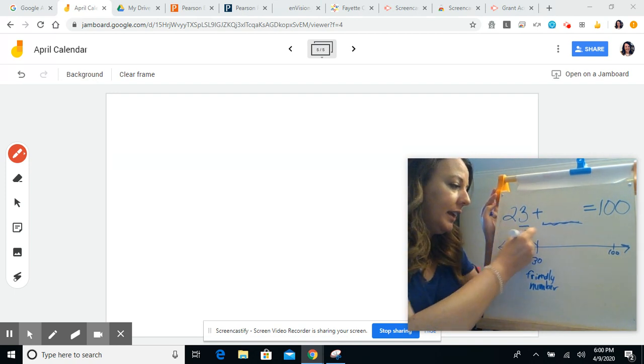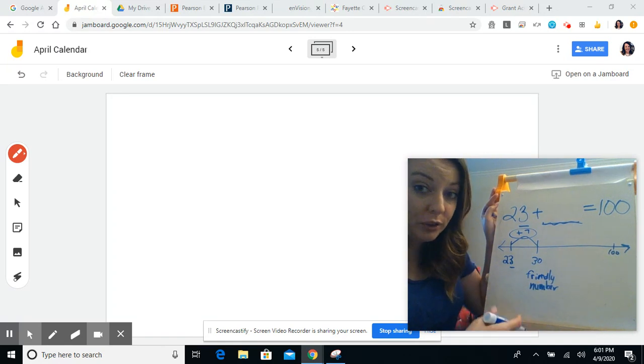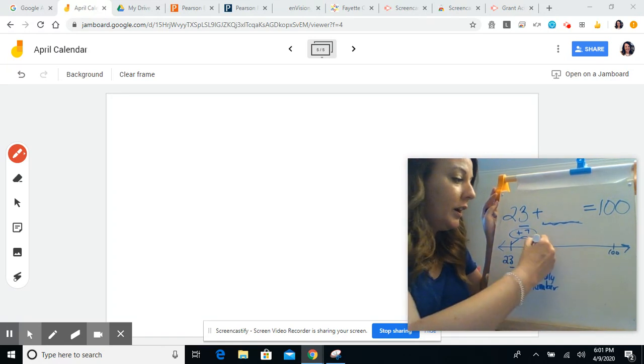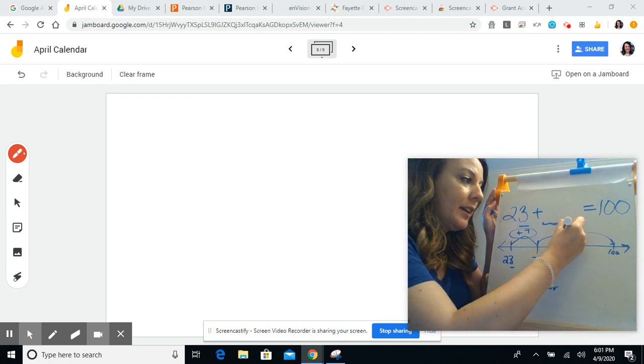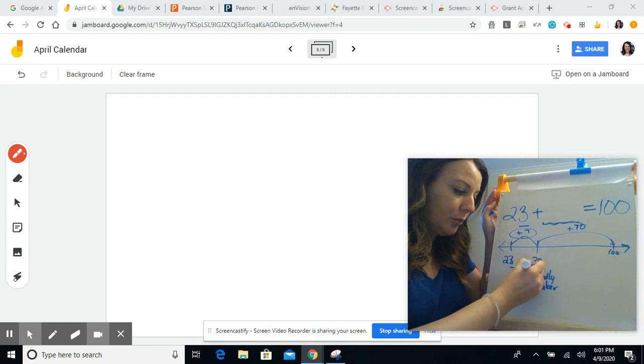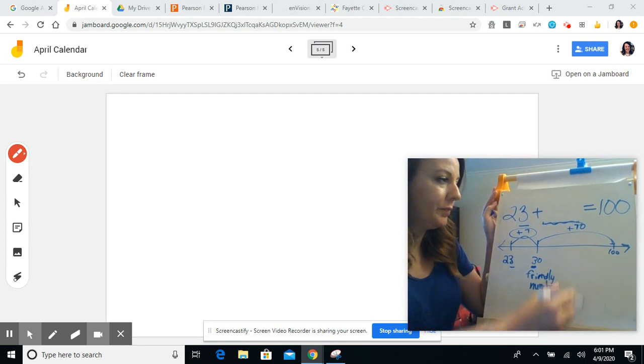So I want to add something that I know I can easily get to 100 with. And I know 30 plus what gives me 100. I know 30 plus 70. I'm adding 7 more 10s to my 3 10s to get 100.